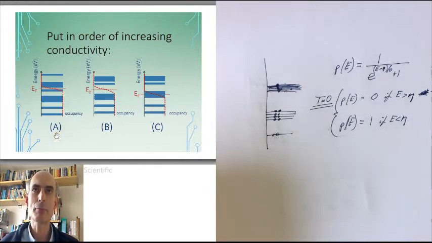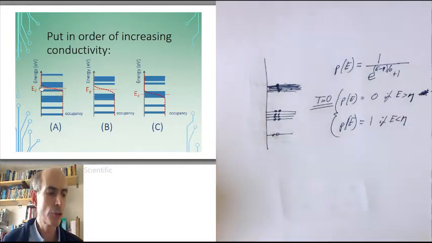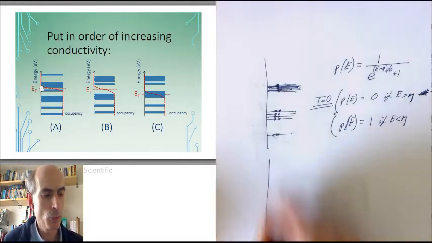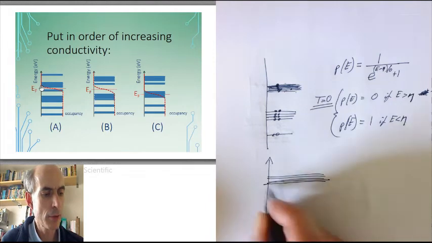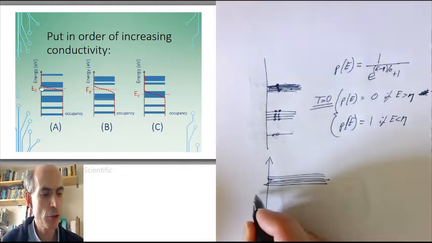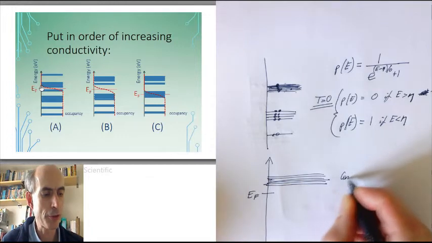A. Well, A is a type of material in which the Fermi level happens in a gap between states, but not a very big gap. I'll draw this out in a bit more detail. The band up here, the band of possible states just above the Fermi level, is known as the conduction band.